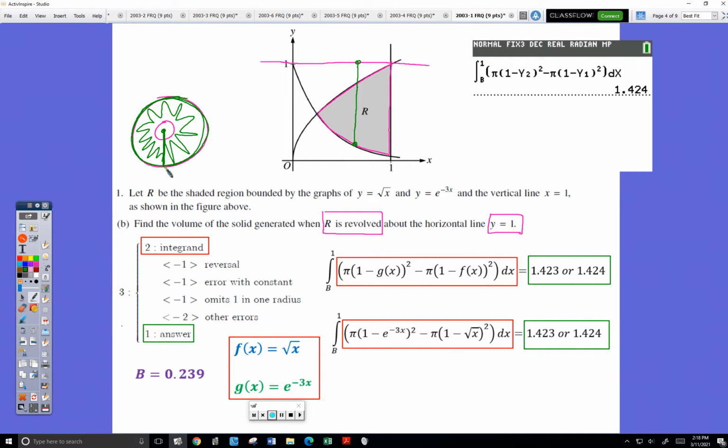So the length of that green line is the y-coordinate at the top, which is 1, subtract the y-coordinate at the bottom, which is again my formula for g of x. So this will calculate the radius of one slice. The x can be changed, so I can calculate the radius of any slice.